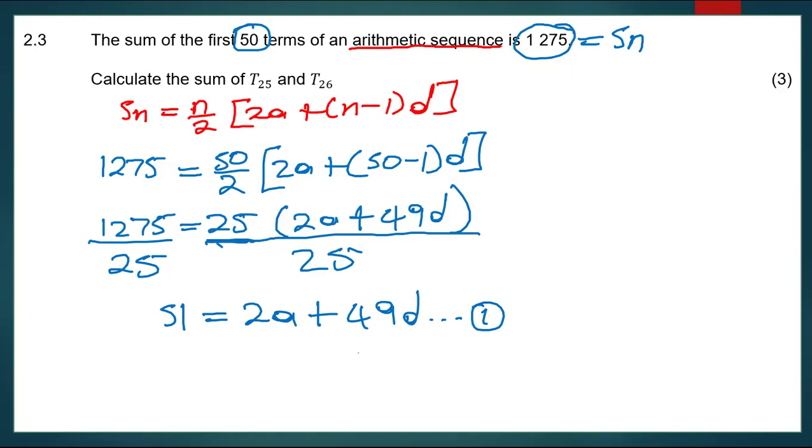They also want us to calculate the sum of T25 and T26. The question is, how do we calculate that? Before we can, the first thing we need is these variables. We need a, and we also need d.